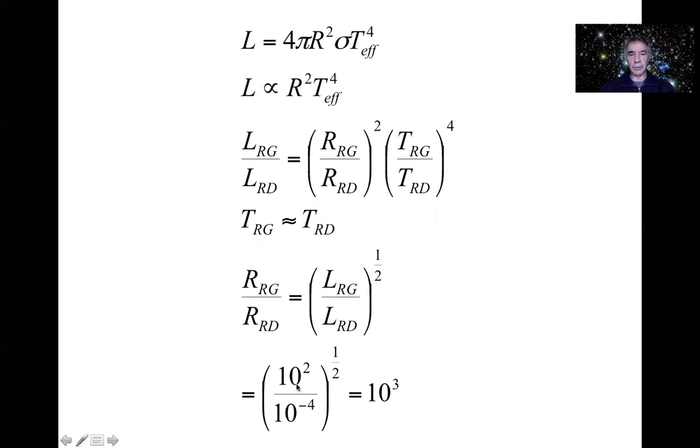And the ratio of their luminosities is 10 to the 2 over 10 to the minus 4, so that's 10 to the 6 is the ratio. So the square root of that is just 10 to the 3. Okay. So that's telling us that the radius of the red giant star is 1,000 times bigger than the radius of the red dwarf star.